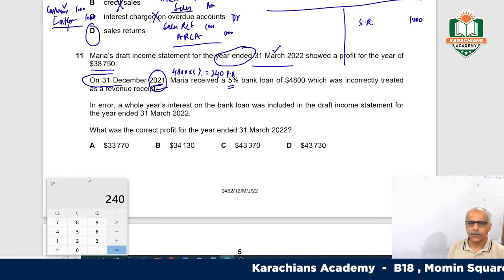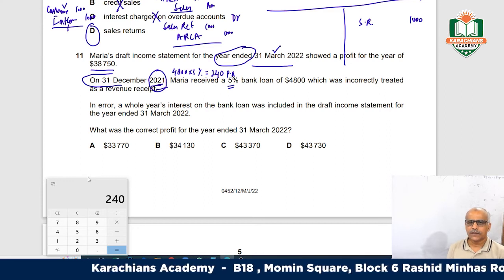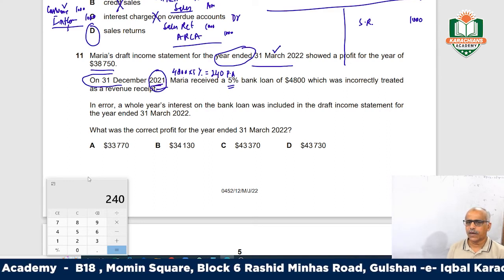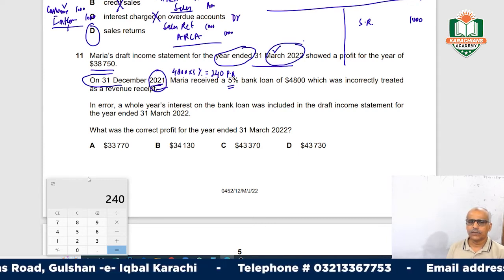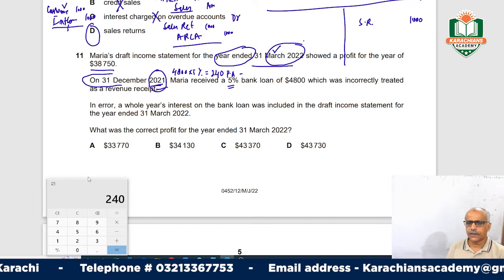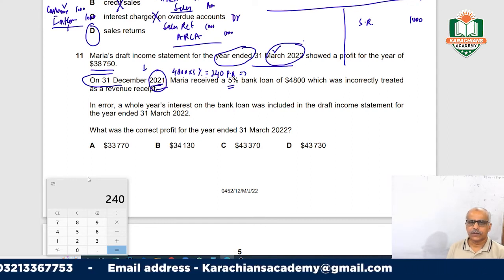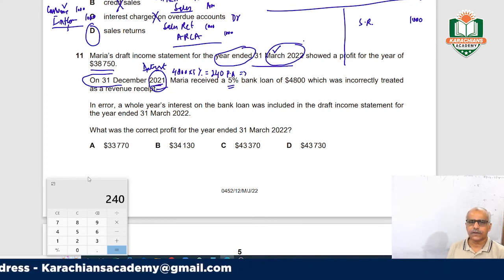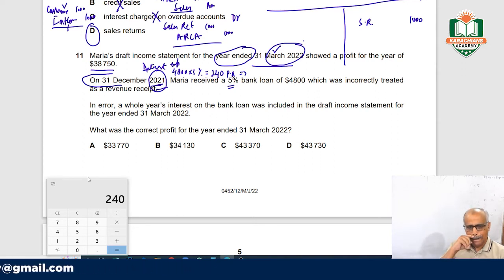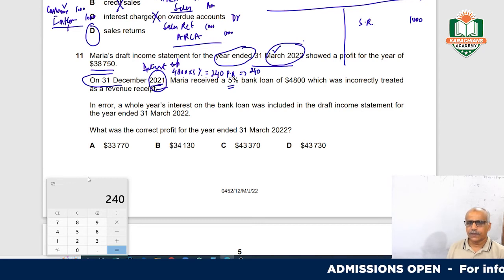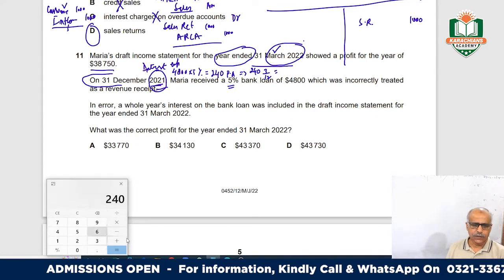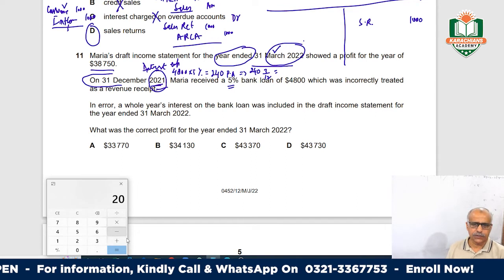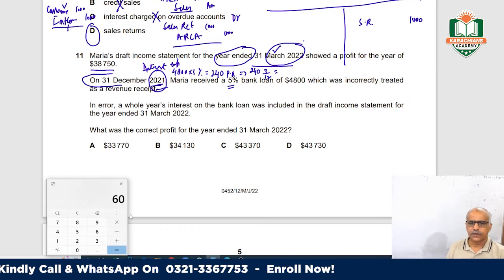So how many months? From December till March 2022, 3 months. If we work this out, interest expense for 3 months would be 240 by 12 into 3, which is 60.